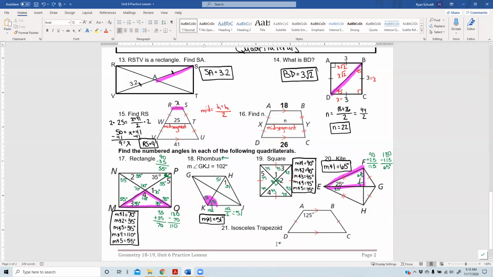Let's just find all the angles. It's not gonna be too bad. So B right here has to be 125 because this is an isosceles trapezoid. Base angles are the same. So B needs to be 125.